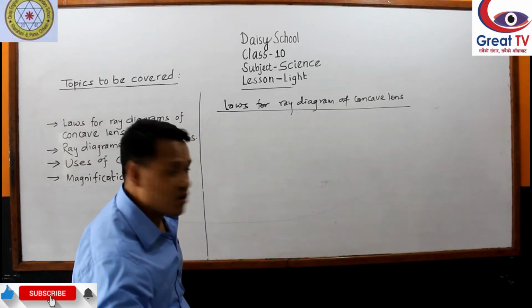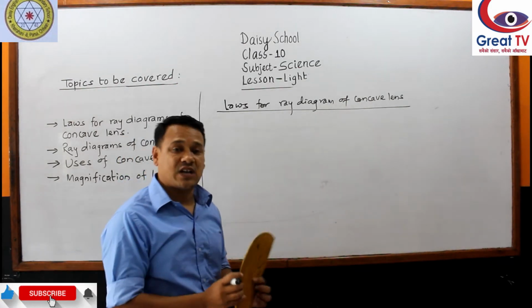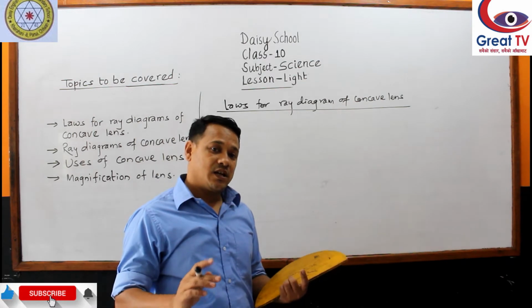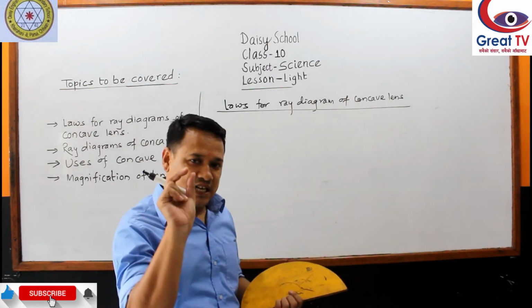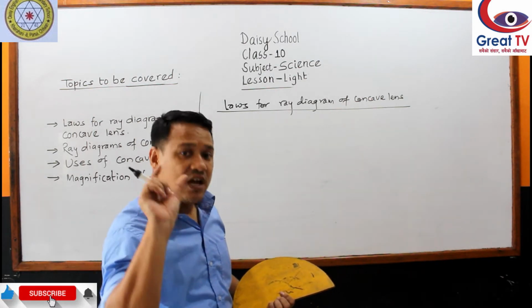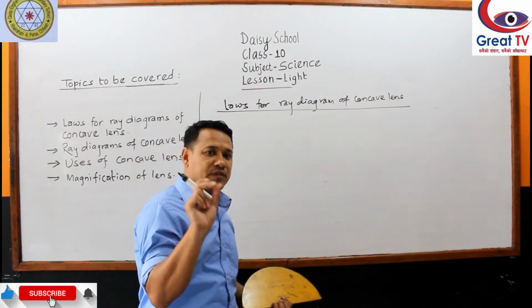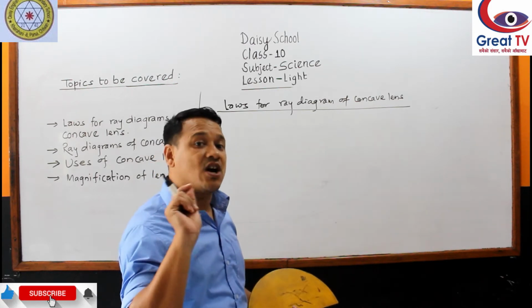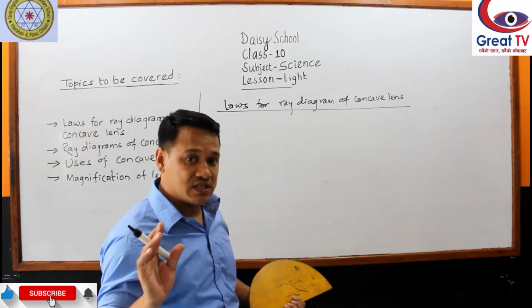For this purpose you have to make a concave lens. What type of lens is a concave lens? Do you remember? Thin at the middle, thick at the edge. That is the concave lens, a diverging lens.